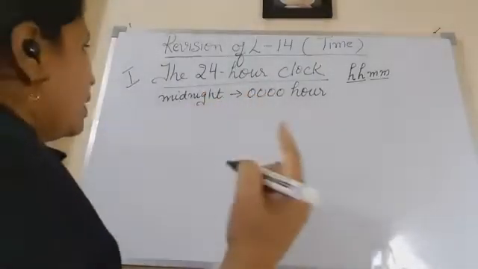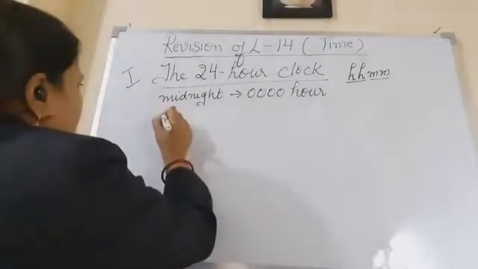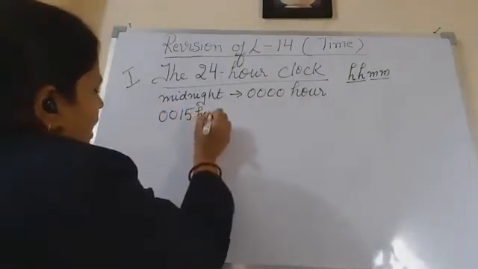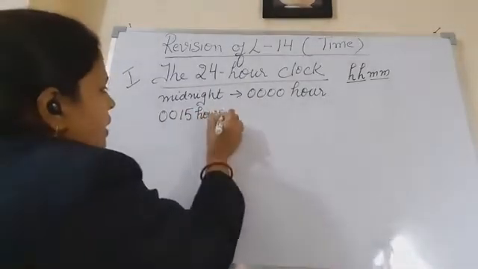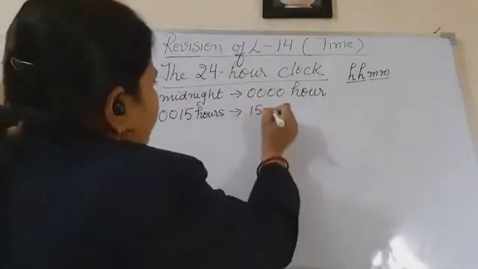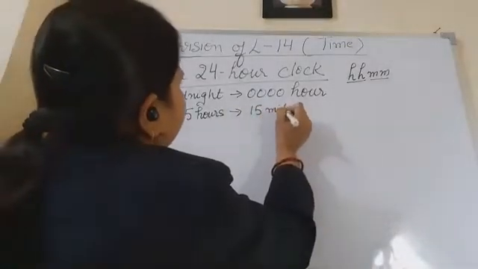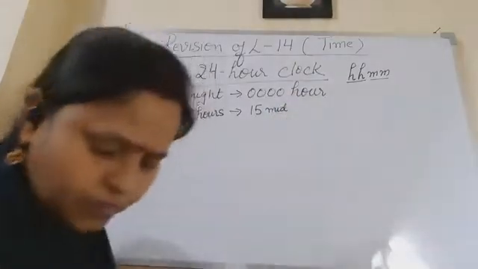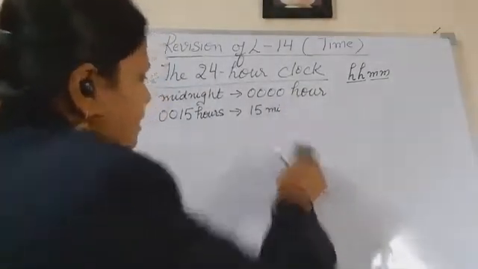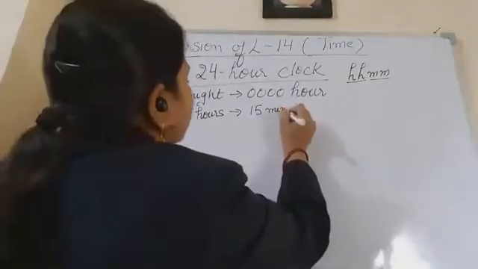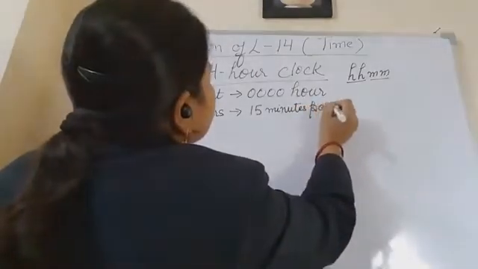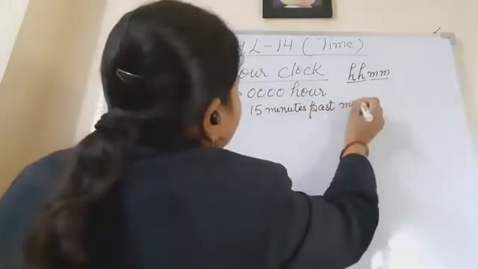So now if I'm saying 00:15 hours in 24-hour clock time, what does this time mean? Well, this time means 15 minutes past midnight, right?